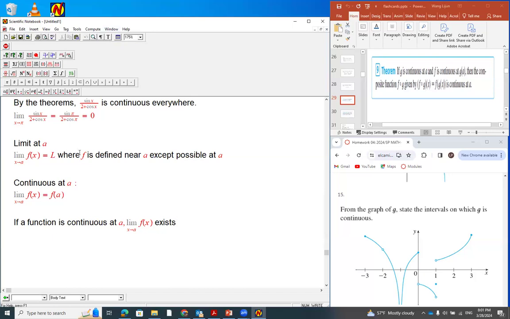So continuity is a stronger condition than having a limit.